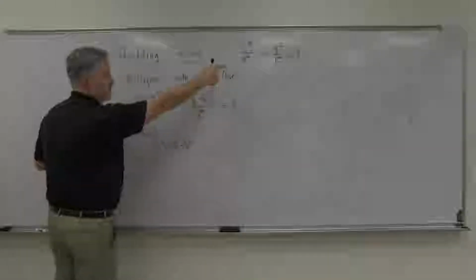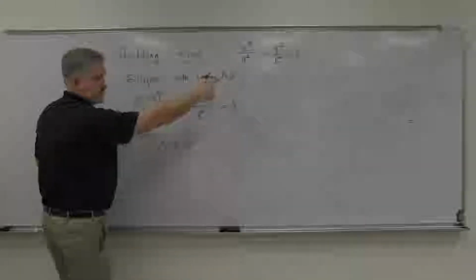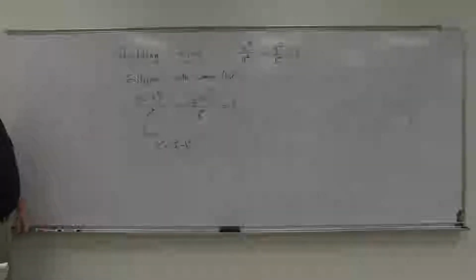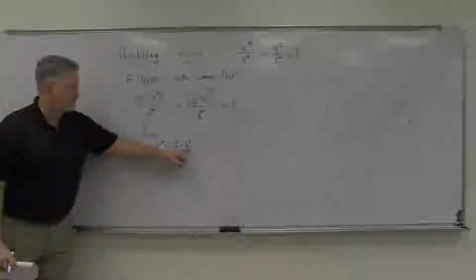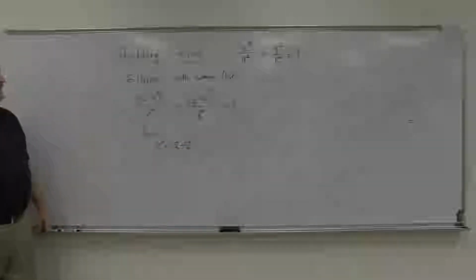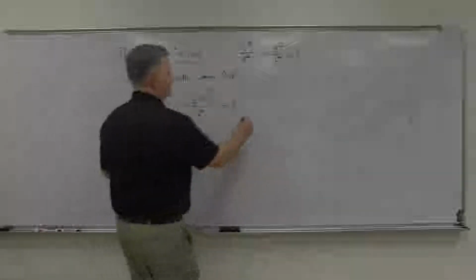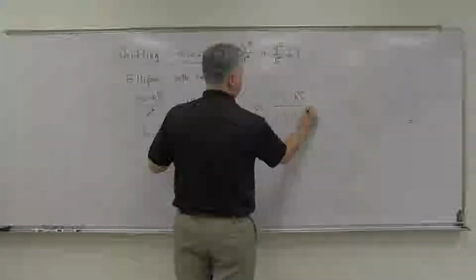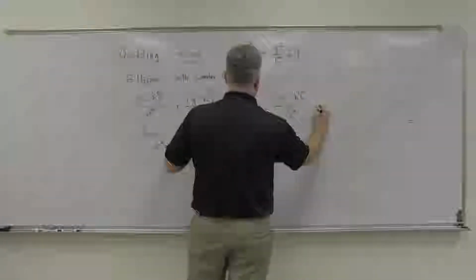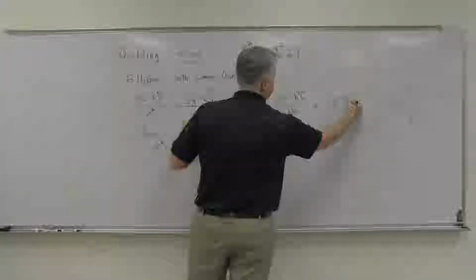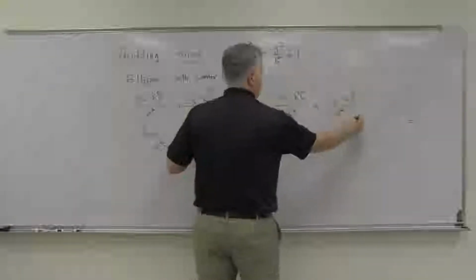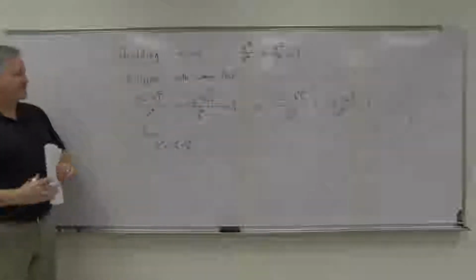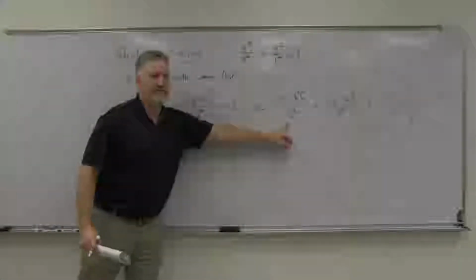That doesn't change from the non-shifted ellipse. Because you want a squared bigger than b squared, sometimes they'll also say you could have the b squared under the a squared.